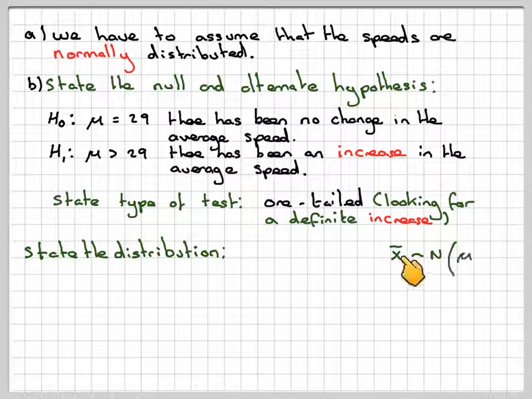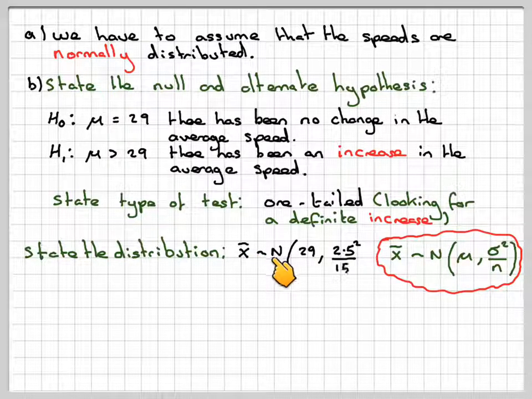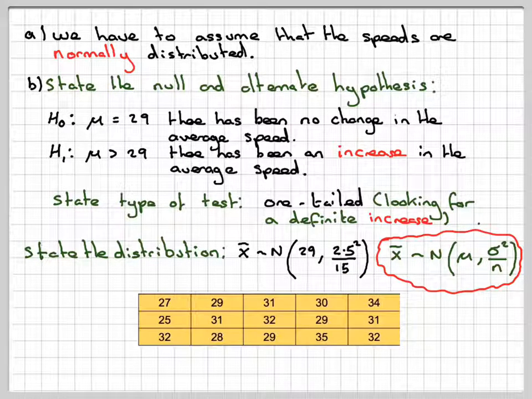Now, x bar, the sample mean, is normally distributed with a population mean mu and a variance of sigma squared over n, or a standard deviation of sigma divided by the square root of n. So x bar is normally distributed with a mean of 29 and a variance of 2.5 squared over 15.